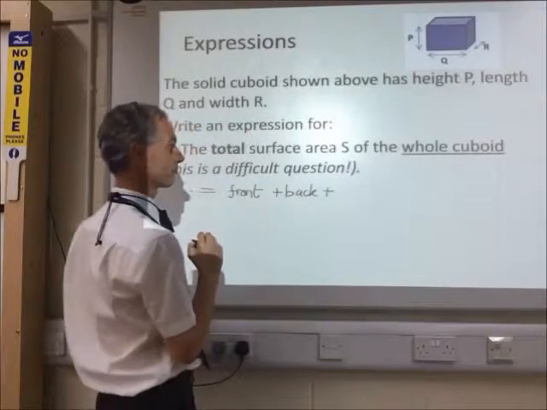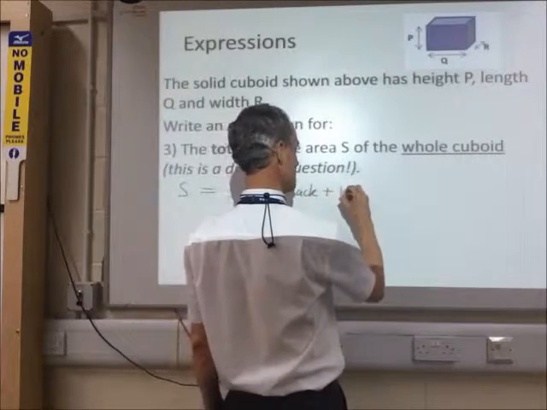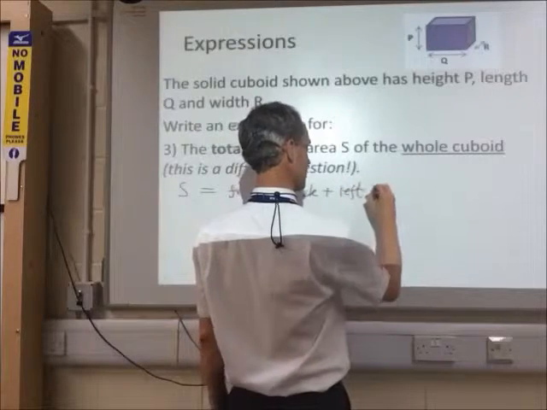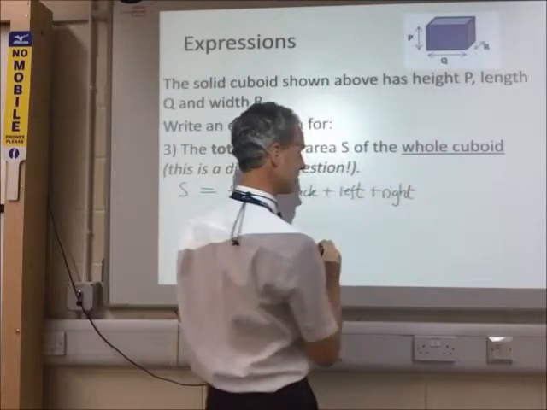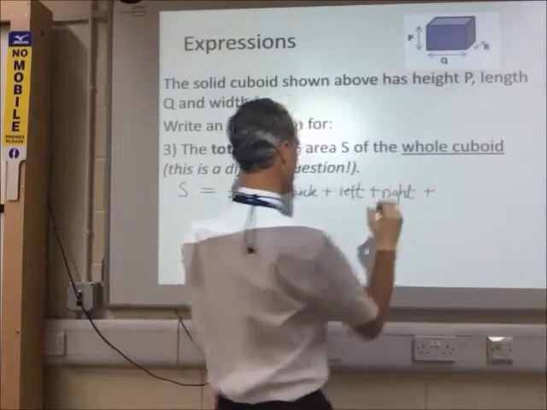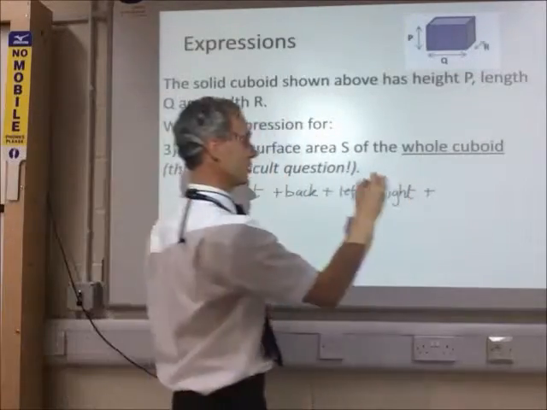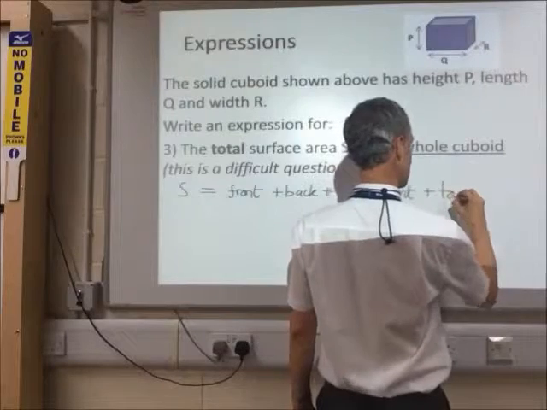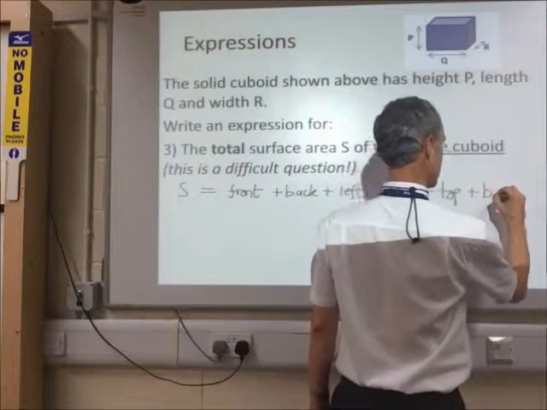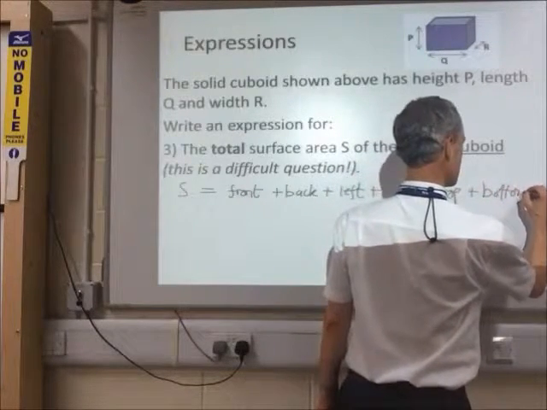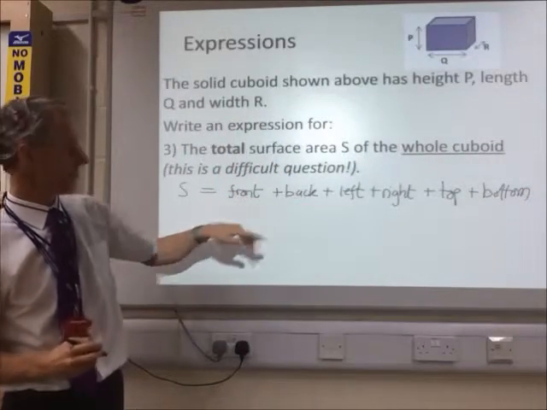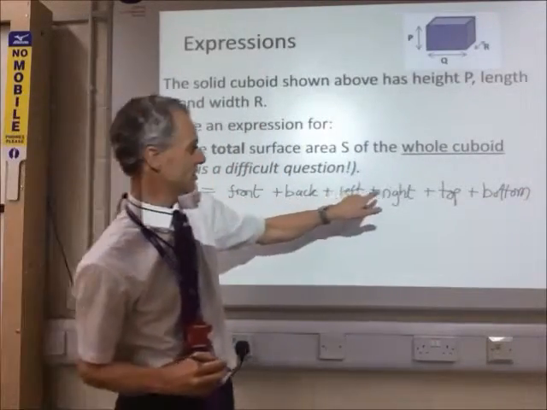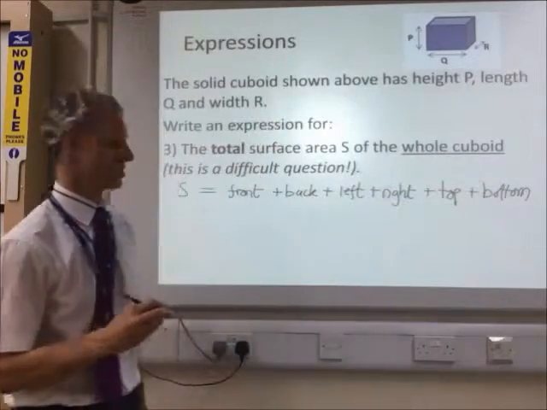That's 2 of them. Then we're going to look at the left-hand face. And also we're going to add on the area of the right-hand face. And then the 2 that we haven't included, the top, and the last one is the bottom face. So whenever you're doing a question like this, make sure you're adding up all the faces. So I've got 1, 2, 3, 4, 5, I've got 6 faces.